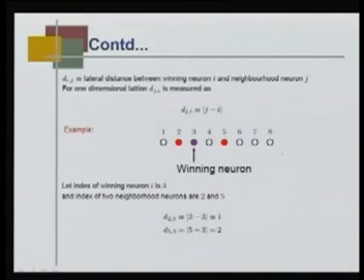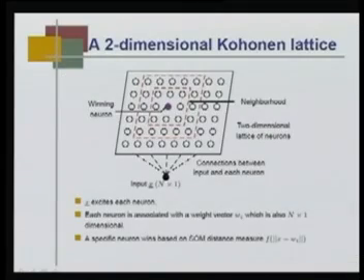for example, this is a 1D lattice. This is my winning neuron, and this is my neighborhood neuron, the distance is 1, and this neuron's distance from the winning neuron is 2. Okay. So, while I find the winning neuron, I also find the distance of each neuron from the winning neuron, how far they are from it.